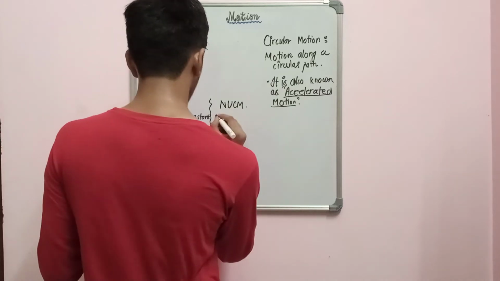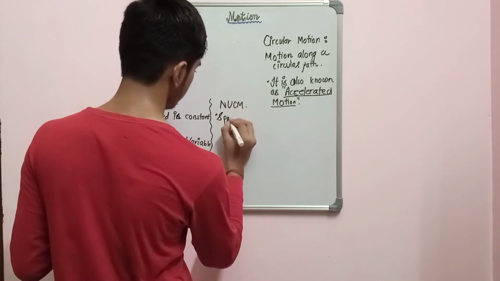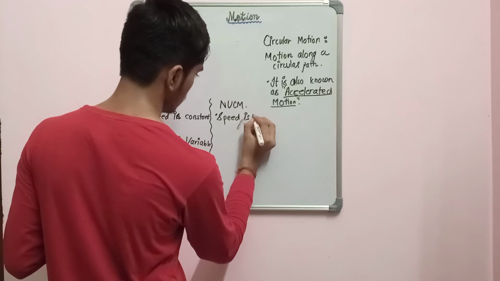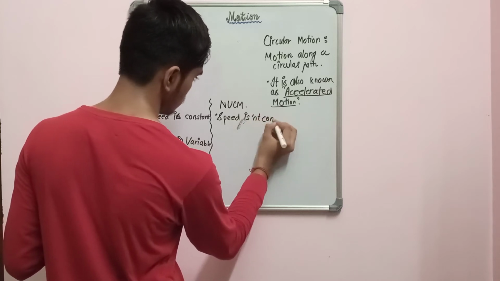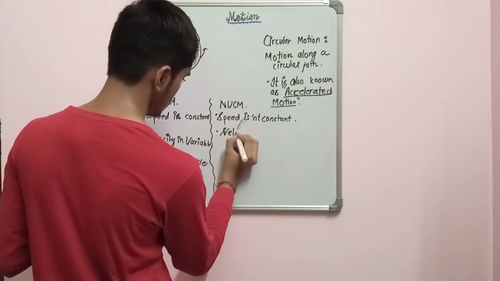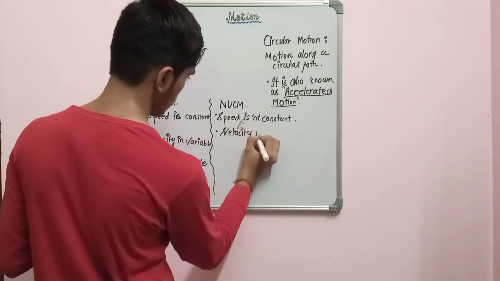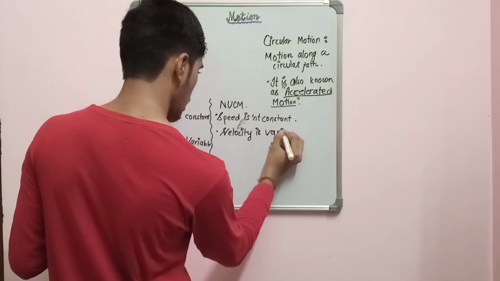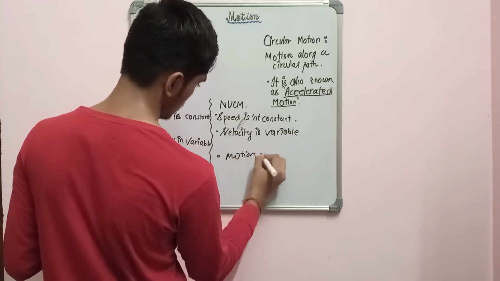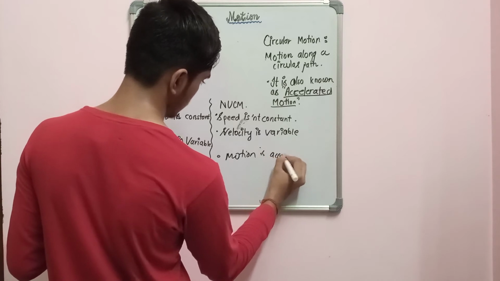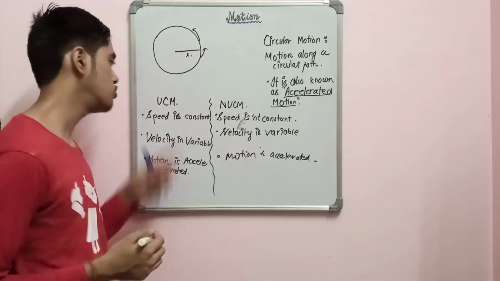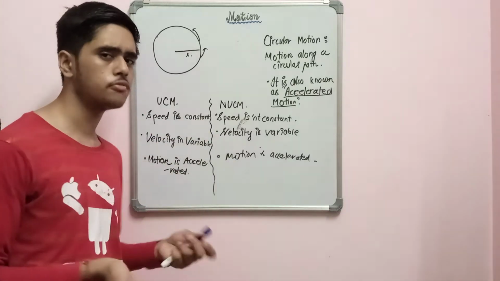Now here, in non-uniform circular motion, the speed isn't constant, and velocity is also variable, and the motion is always accelerated. So this is the difference between uniform circular motion and non-uniform circular motion, very easy.